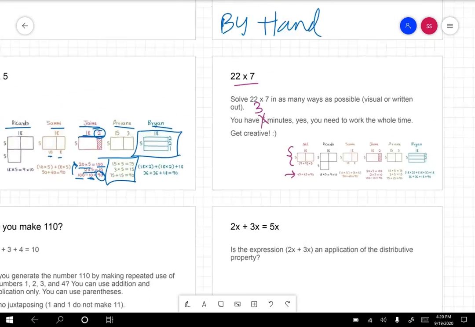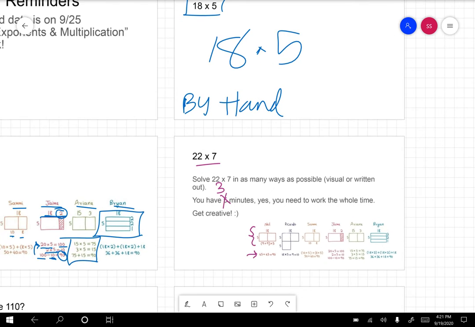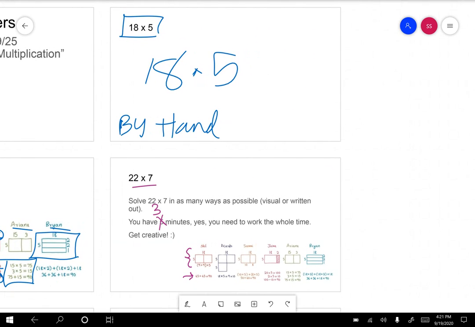Okay, so I'm not going to actually go over different ways of doing this one just because I want to see what you guys came up with without me going over anything. So I'm not going to go over the answers to that, but I do want to see it.